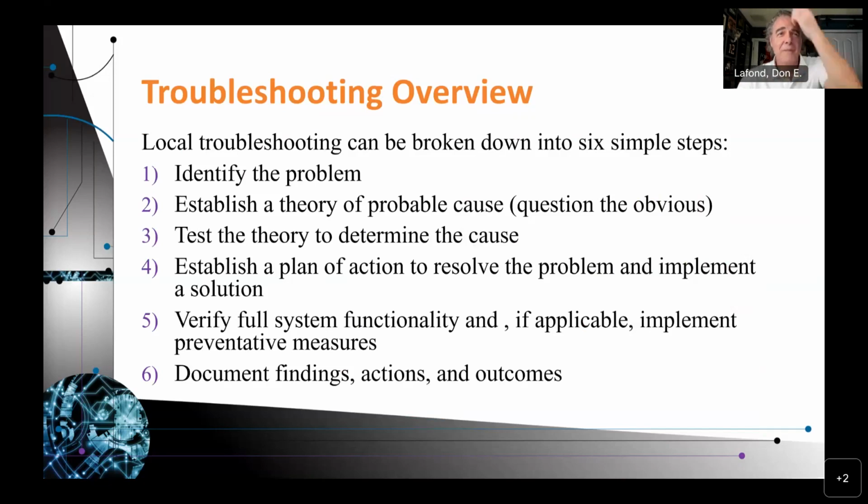Okay. So once you identify the problem, through how the problem was found and what steps the user has already tried to fix it, then from experience, you will establish a theory of probable cause. And there will be multiple possibilities.